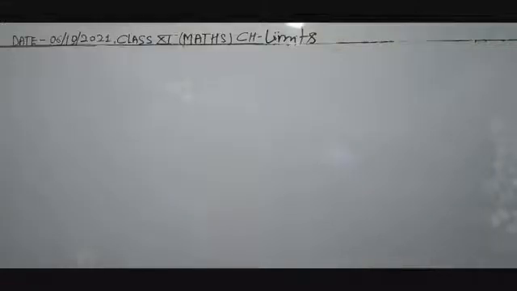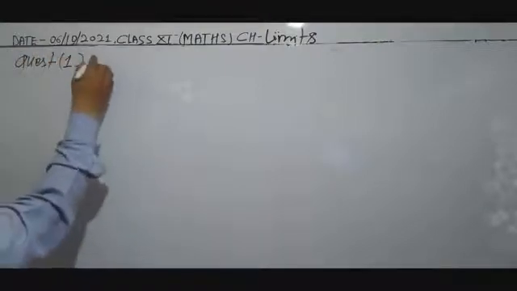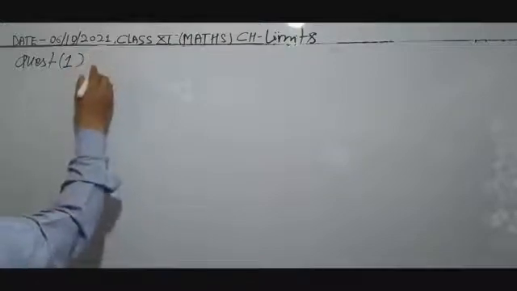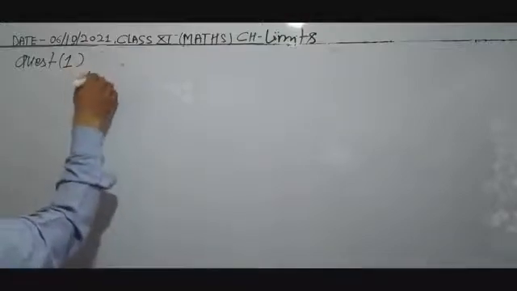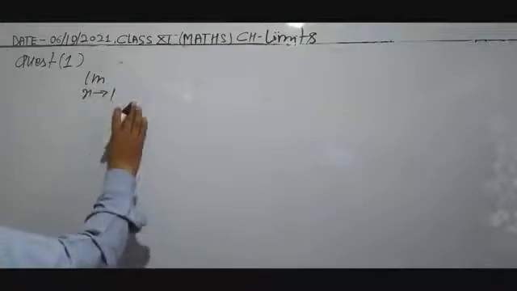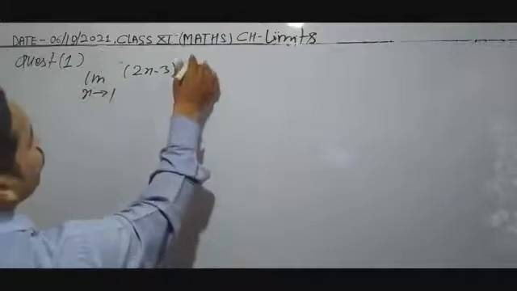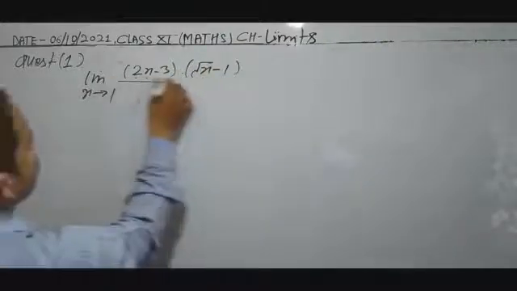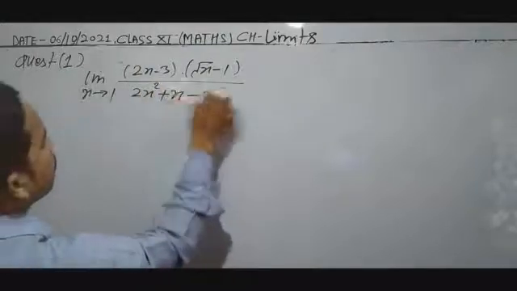Question is, evaluate the limit. Limit x tends to 1, (2x minus 3) into root over x minus 1, whole upon 2x square plus x minus 3.